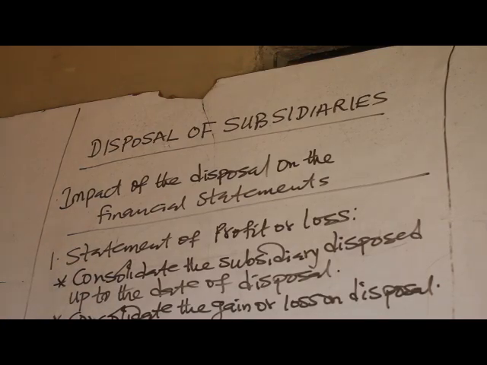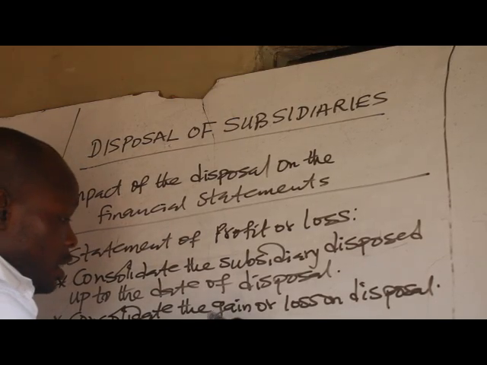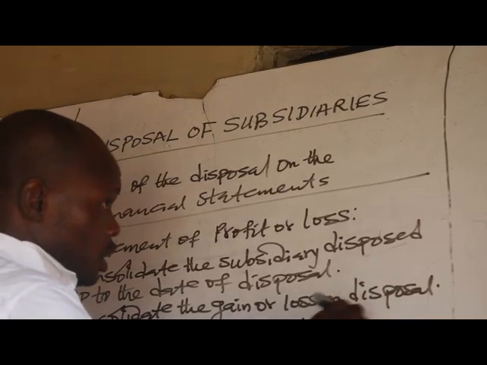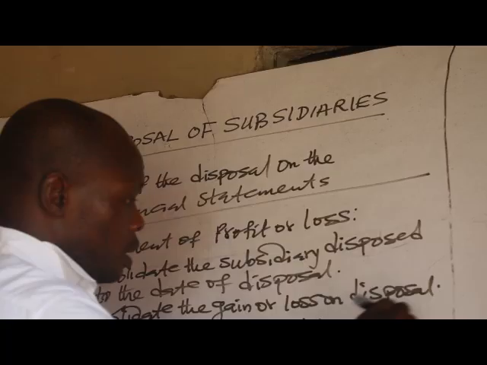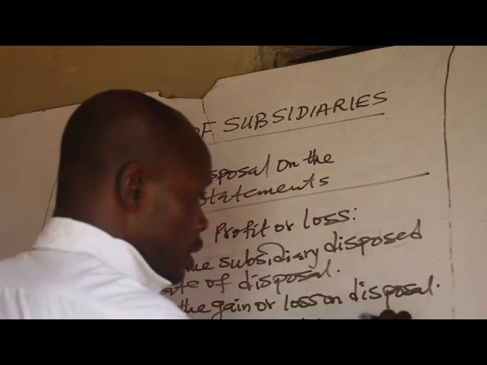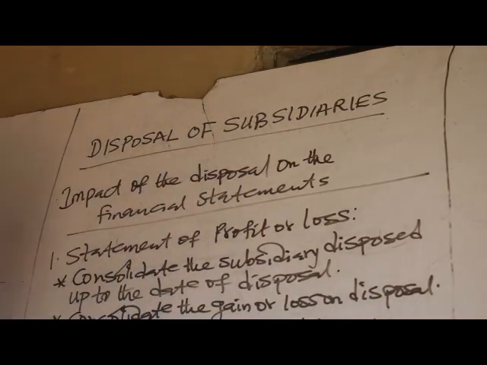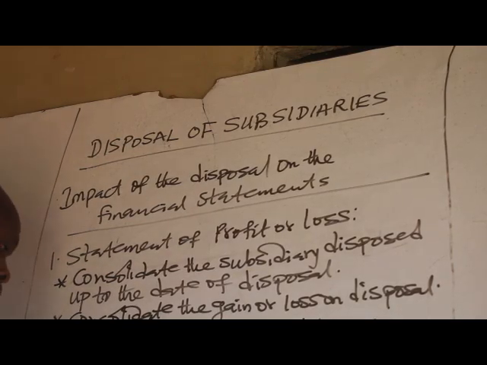Number 2, the impact on the statement of financial position. These items need to be taken into consideration where control is lost.